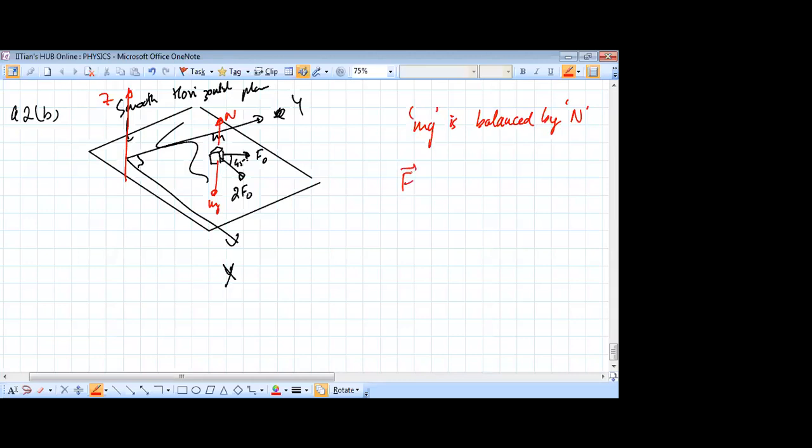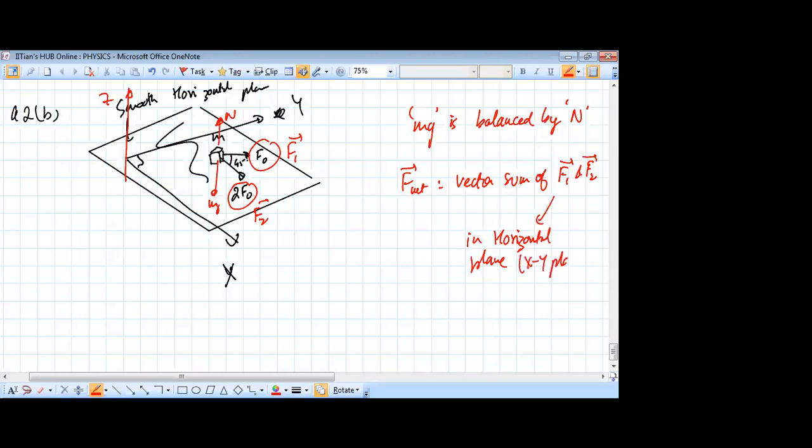The net force is the vector sum of this force, let's say F1, and this force, let us say F2. Okay. Which are both in the horizontal plane, which I have taken as my xy plane.